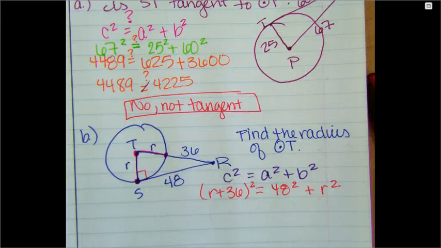Oh, here comes first semester. What does this mean? You need to know, there's two R plus 36s. What does this mean? You add them together? How do you multiply them?